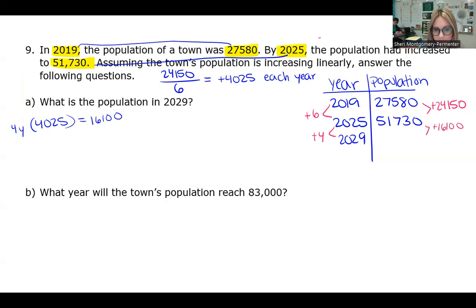So I had, so I'm adding those things together to figure out how much population I had in 2029.